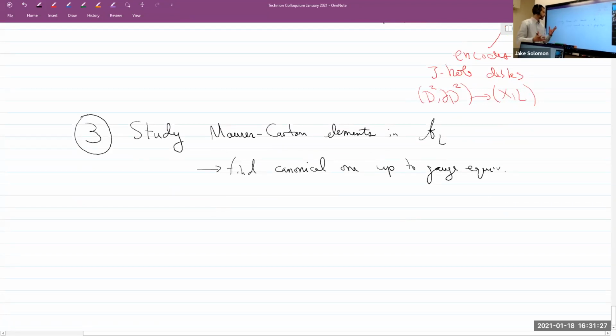And then there turns out to be a way, if you're given a Maurer-Cartan element, to construct a power series.